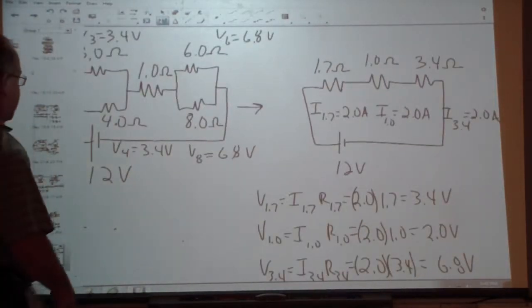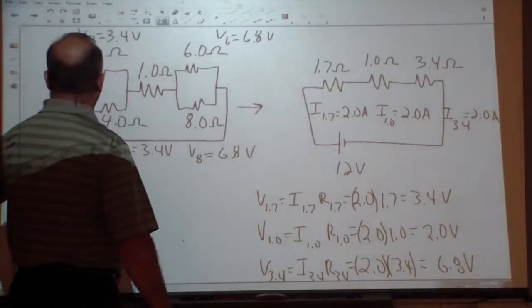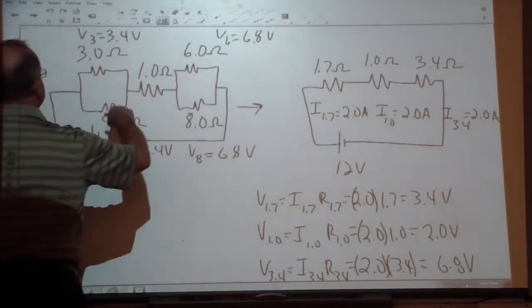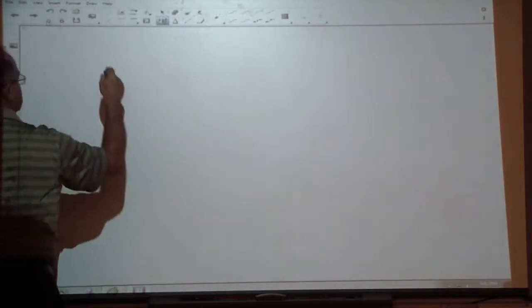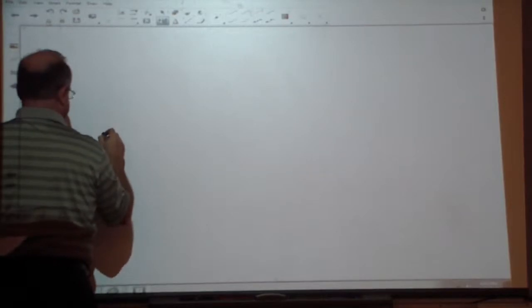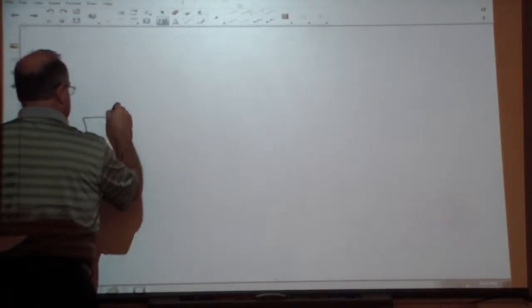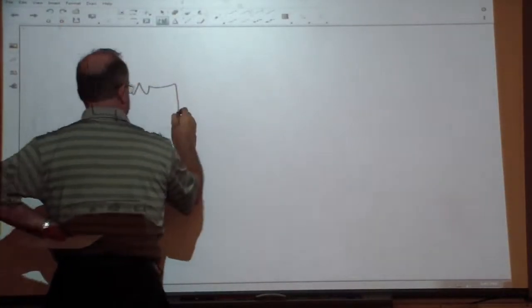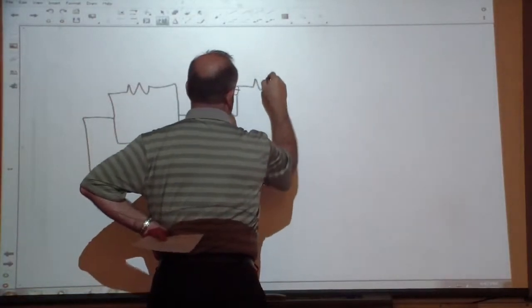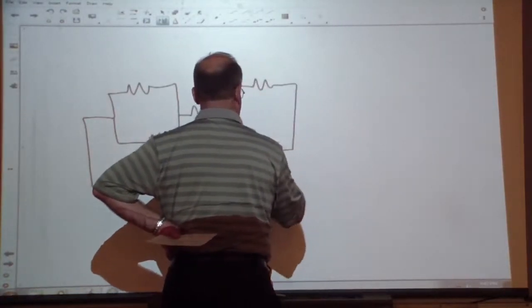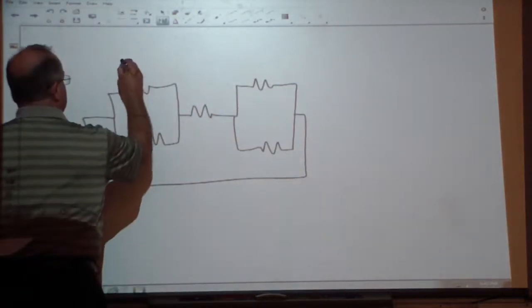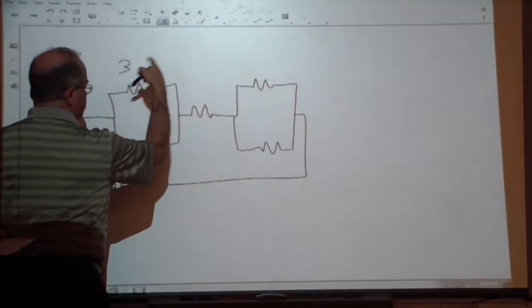Let's check out this one. Okay, so we have 3, 4, 1, 6, 8, and 12. Assume 2 sig figs on these.